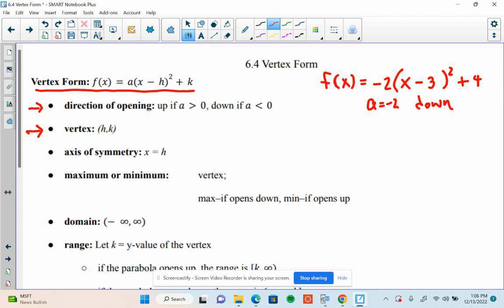For this example, this is x minus h, so h is 3. Line them up. The x lines up with the x, the minus signs line up, and the h must be 3. And here's the plus k, so k is 4. So for this example, the vertex is 3, 4.